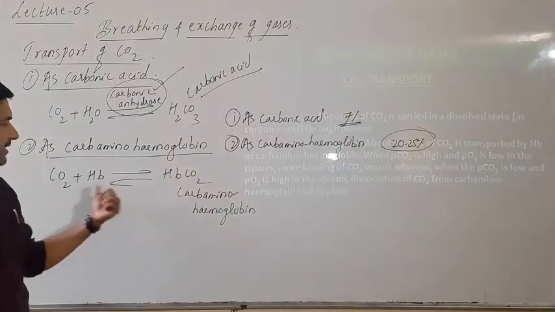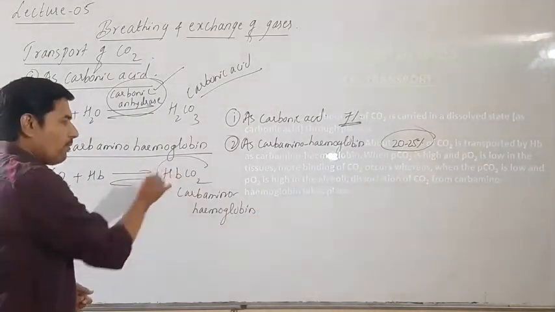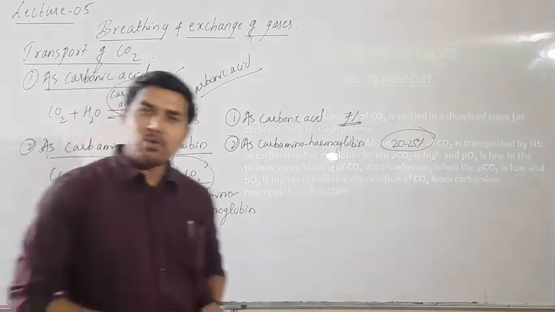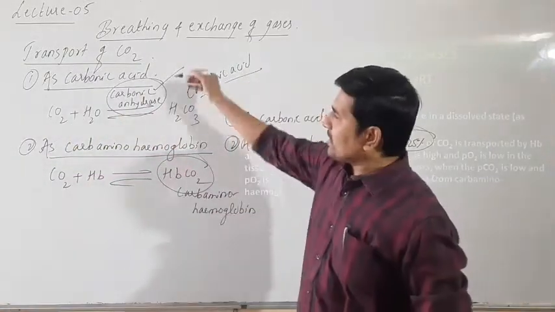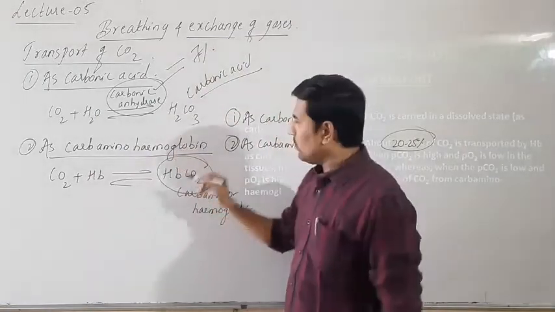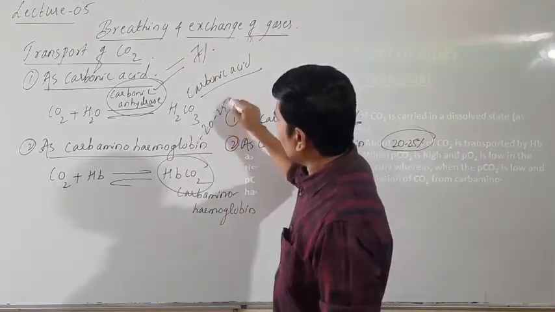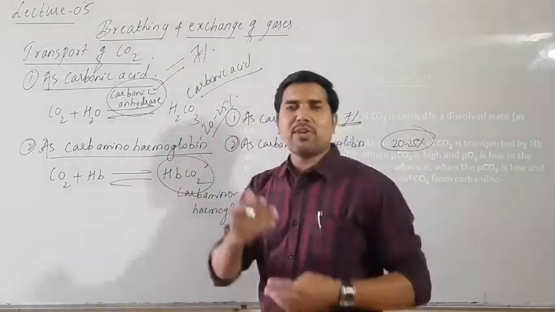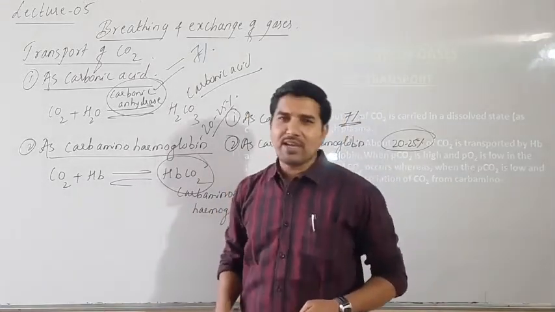Okay, so carbon dioxide is also transported in the form of a carb-amino hemoglobin. Then, what is the percentage here as carbonic acid? 7%. This is 20 to 25%. Okay, according to NCERT, it is 23 to 25%.